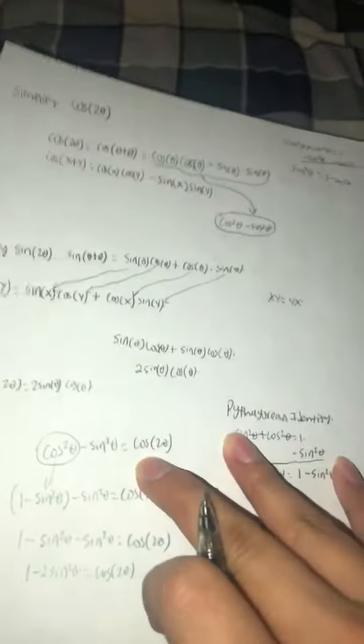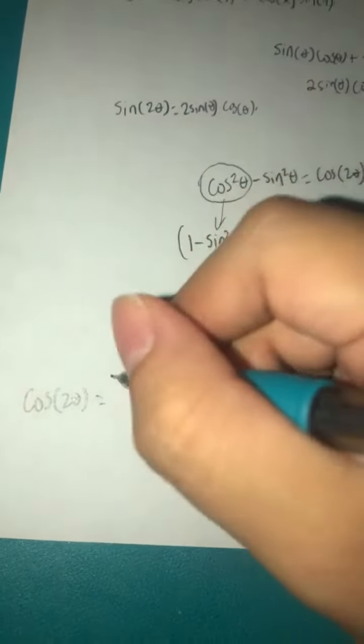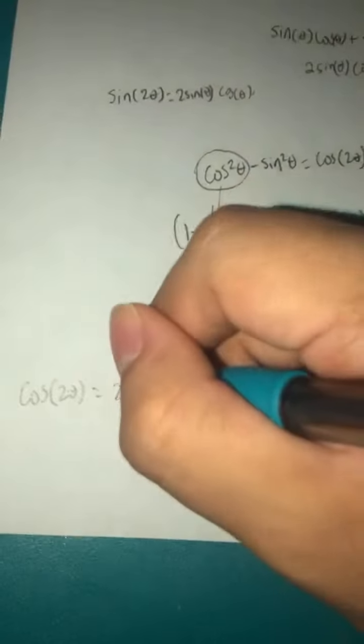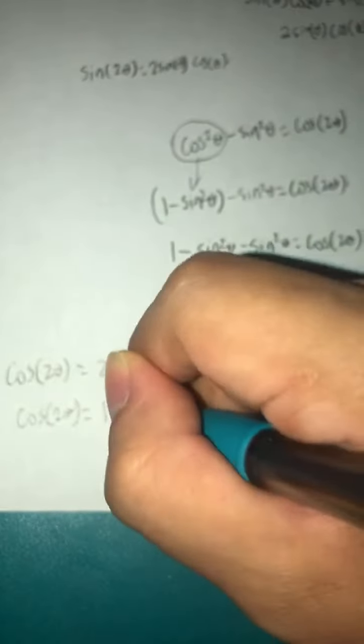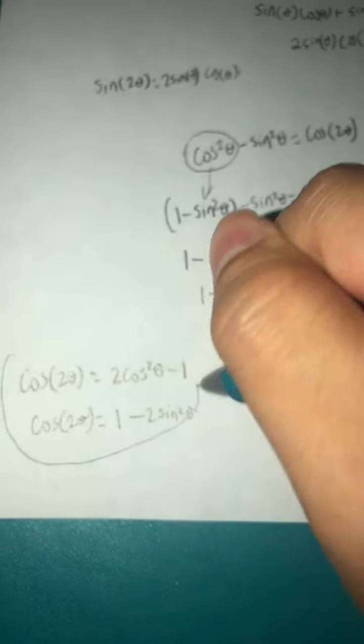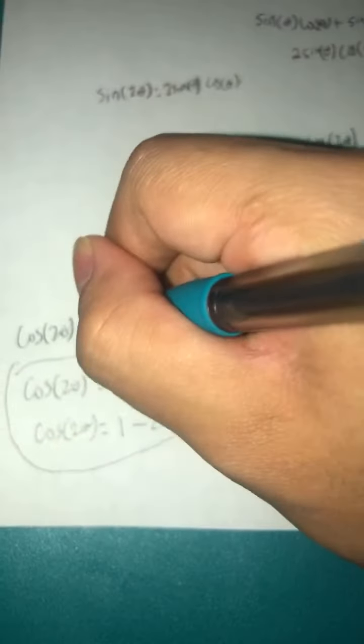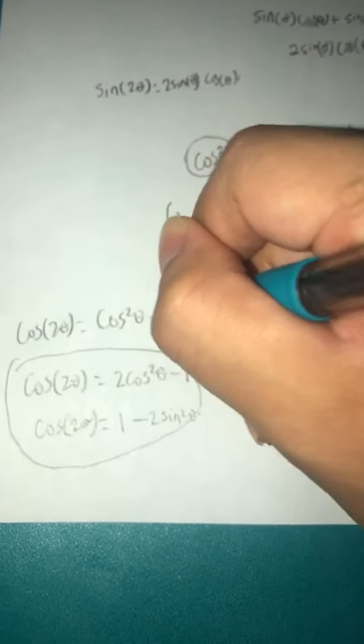So the main point of this little mini lesson is that cosine of 2 theta equals two things. It equals 2 cosine squared theta minus 1, and it also equals 1 minus 2 sine squared theta. These are the two things that we must remember, and also cosine of 2 theta equals cosine squared theta minus sine squared theta.